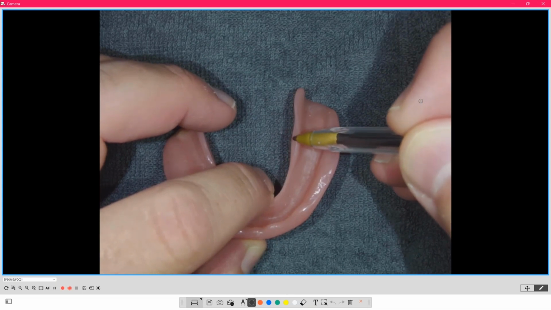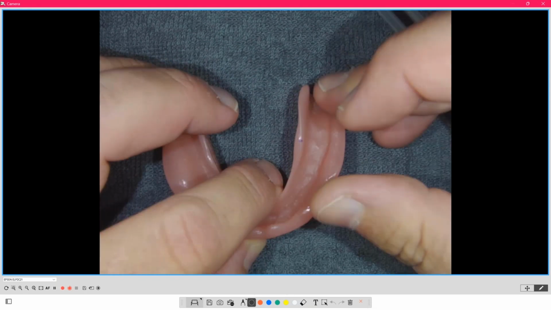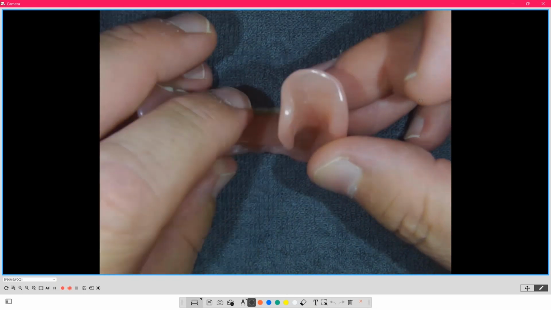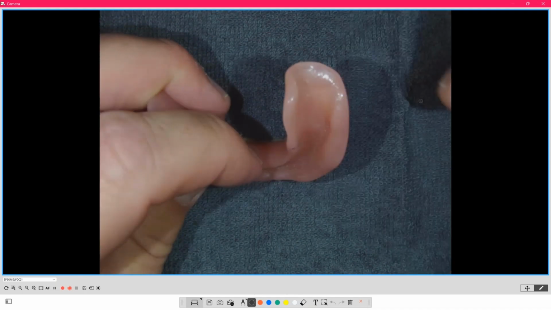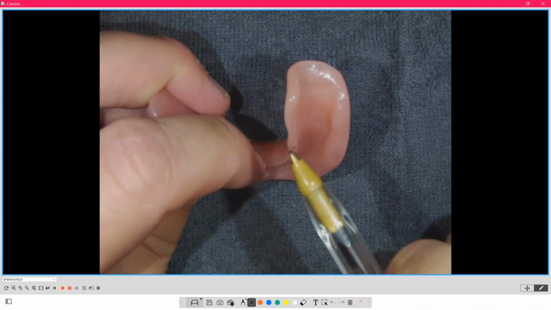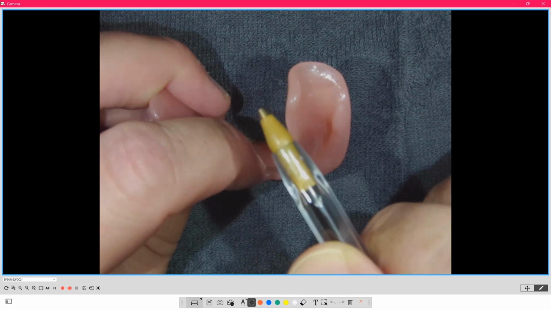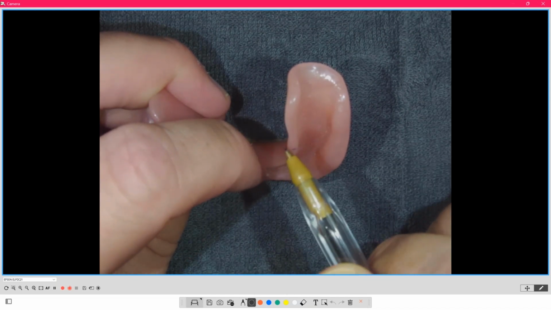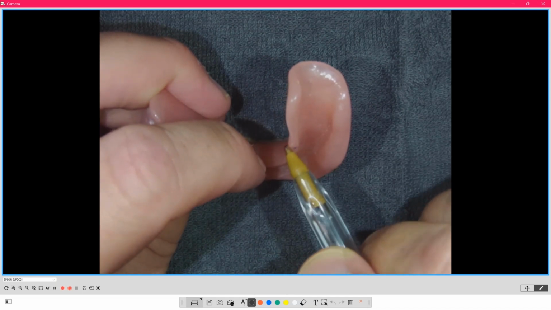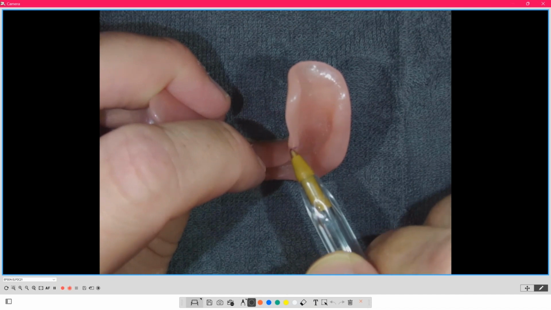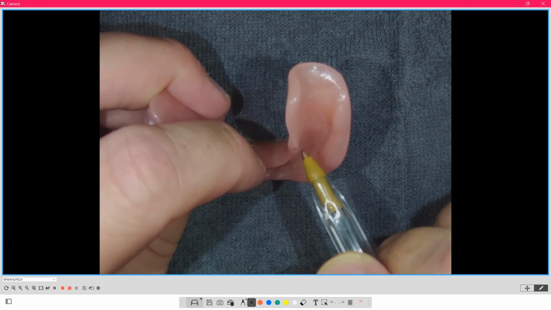So we would finish this denture and usually say it's 2 to 3 millimeters. And yes, we have a rounded edge on it, but this is the prime example of what you see. What happens is the patient's bending their tongue down, and they feel this here, and they can't feel it touch the tissue.